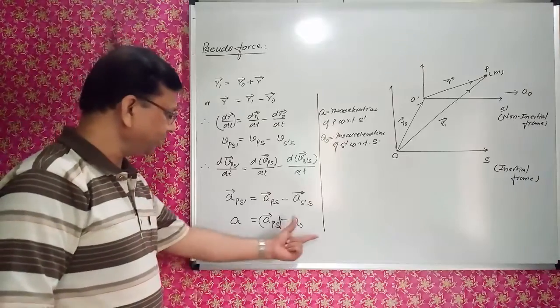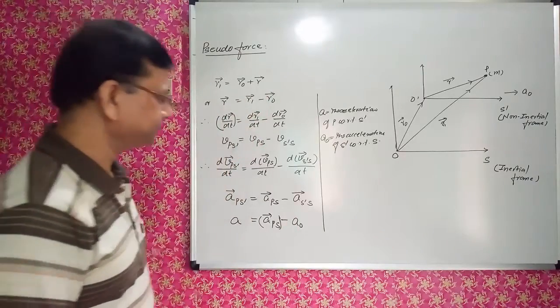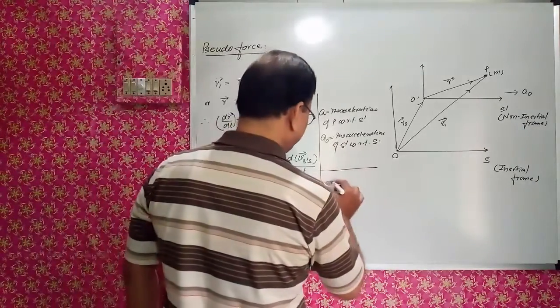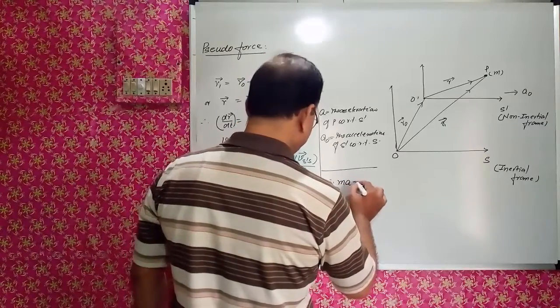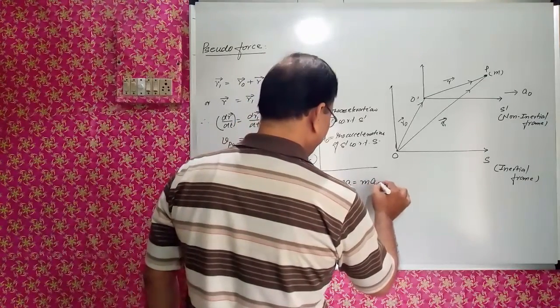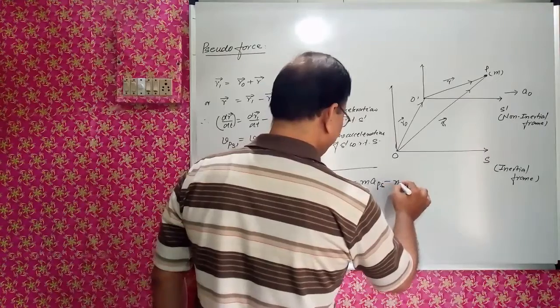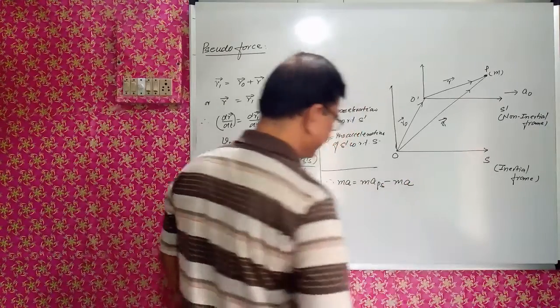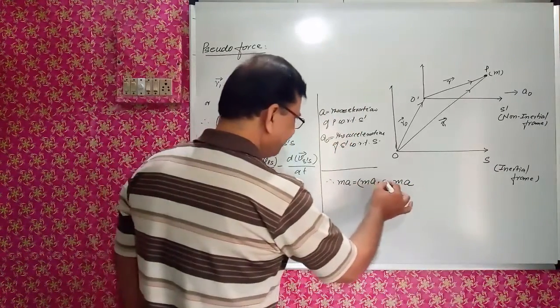If we multiply the whole equation by the mass m, then ma is equal to m a(PS) minus m a naught. What is m a(PS)?